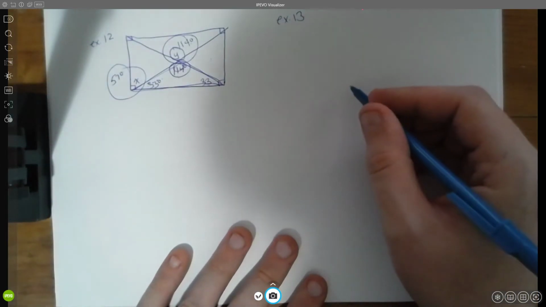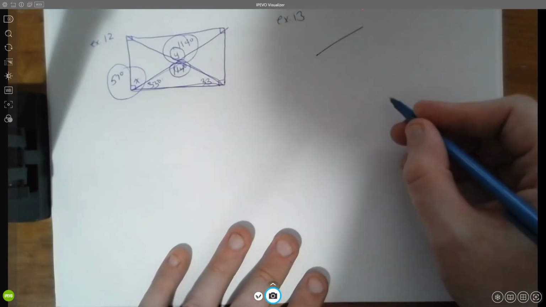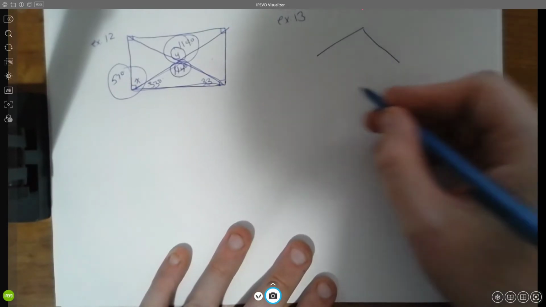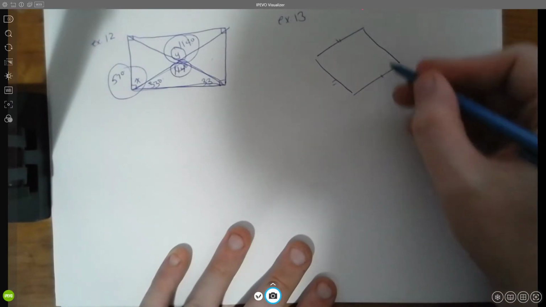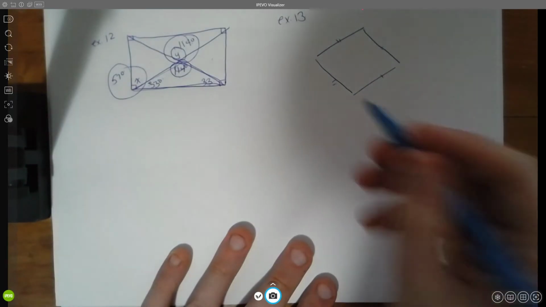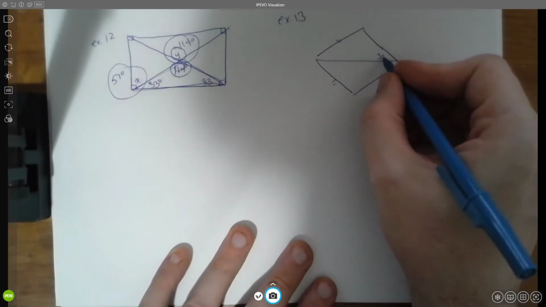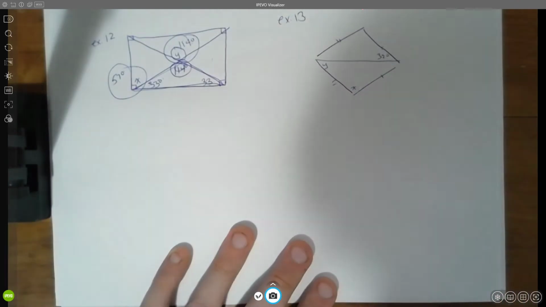Example 13, we have a rhombus. And in our rhombus, we have different sets of parallel lines that we're going to use to solve this particular question, with a line running straight through the middle. We know that this is 32 degrees. We're asked to figure out what this y is as well as what this x is.